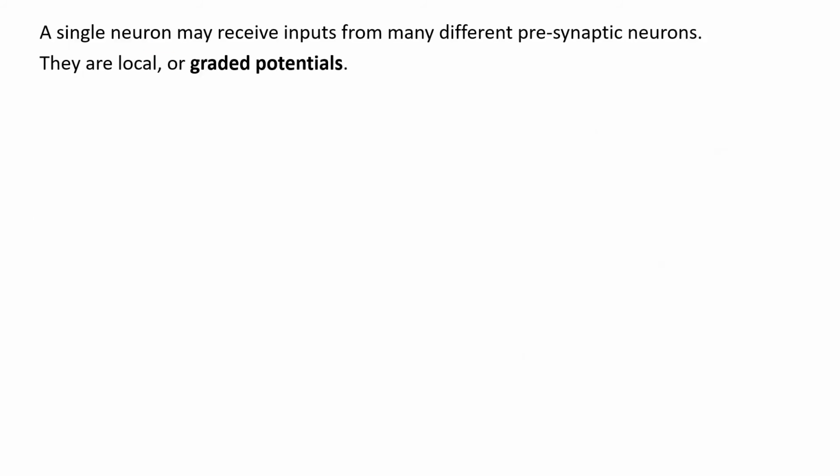So a single neuron, this is a postsynaptic neuron, may receive inputs from many different presynaptic neurons. So we've got the soma of the postsynaptic neuron, and we've got all these other neurons inputting to it. What they produce, these presynaptic neurons, are graded potentials.